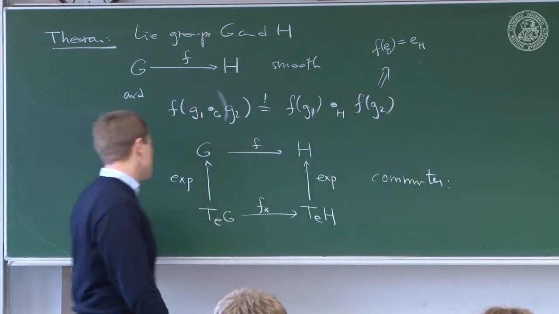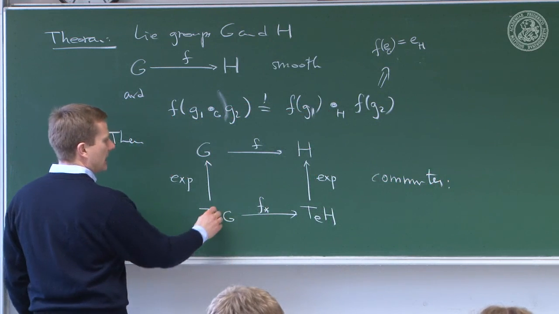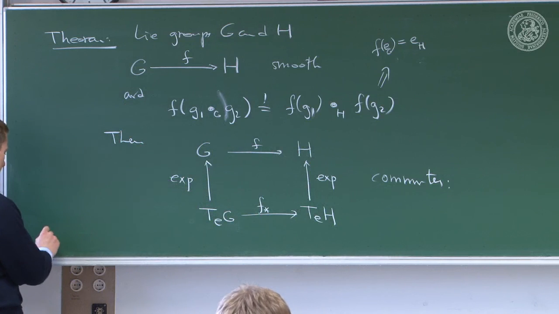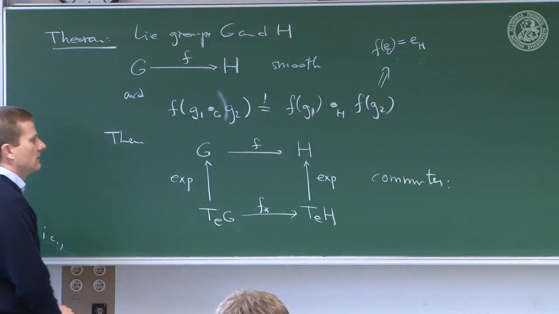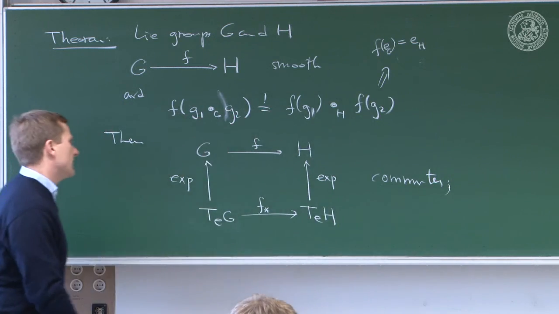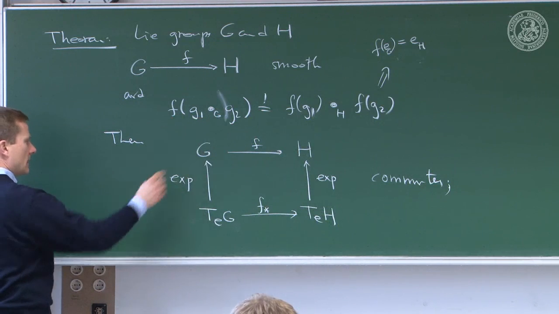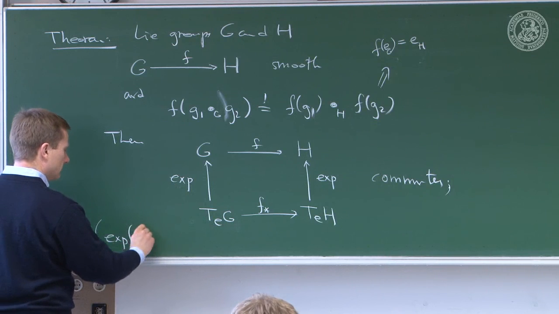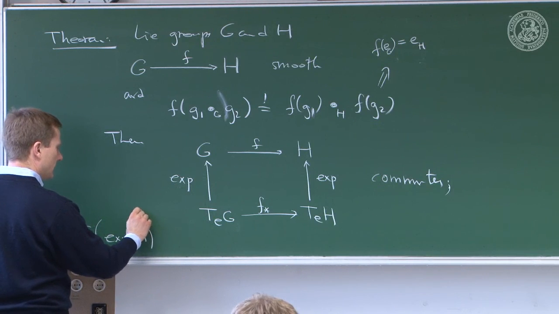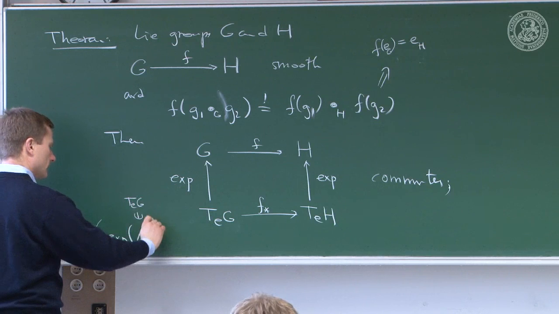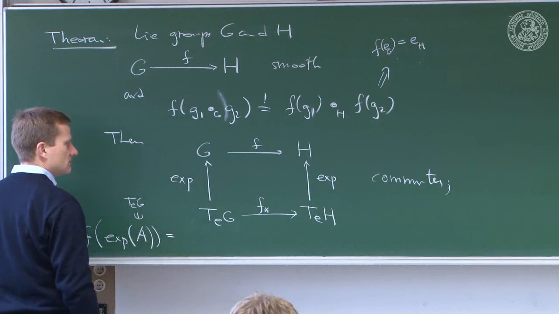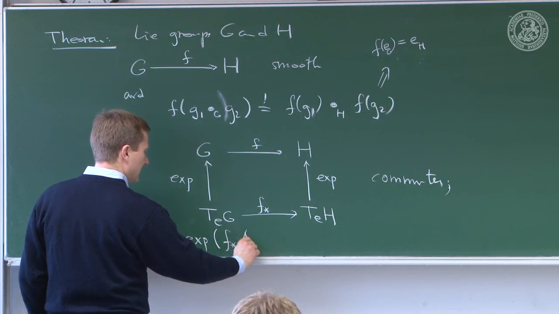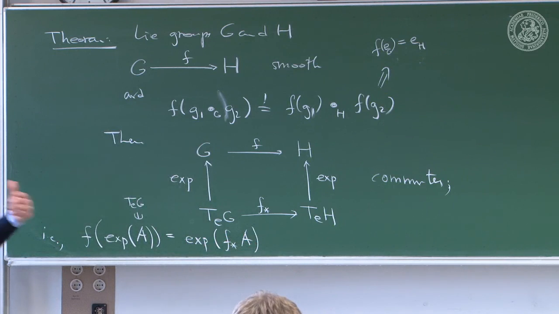And we know what that means. It means you can go either way. You can either go from here to here, or you can go this way. So that is, let's spell it out nevertheless for practice. That is that F of exp of A, so an A therefore is an element of TEG, is the same as exp of the push forward of the same A. So you can exchange this.